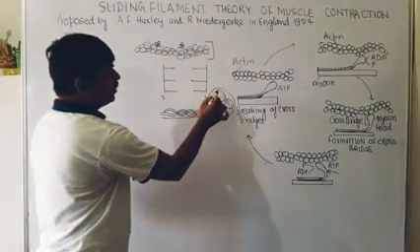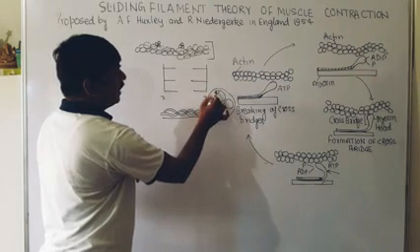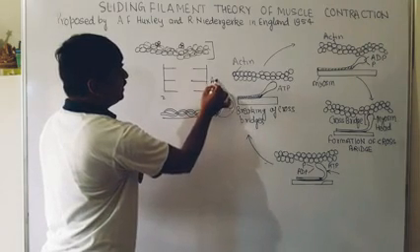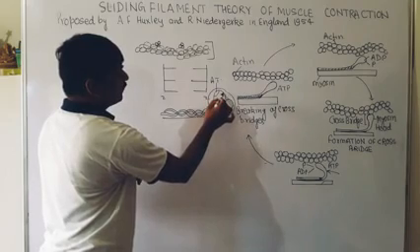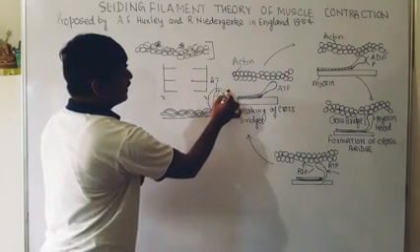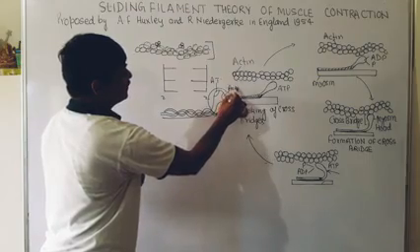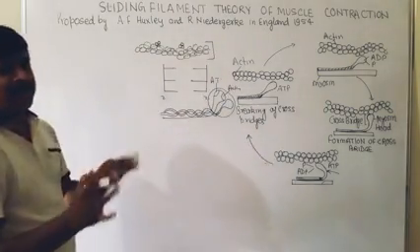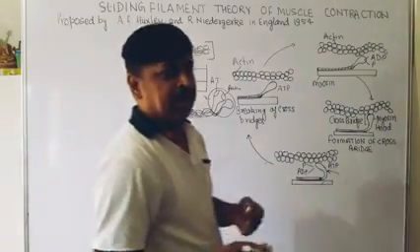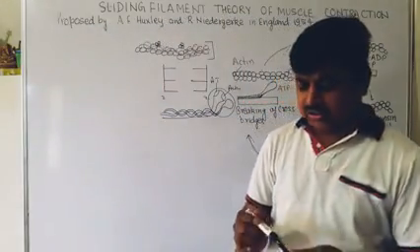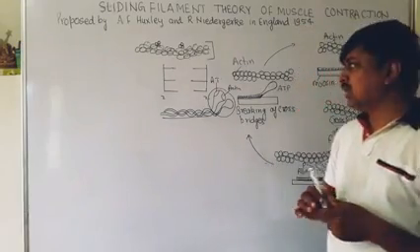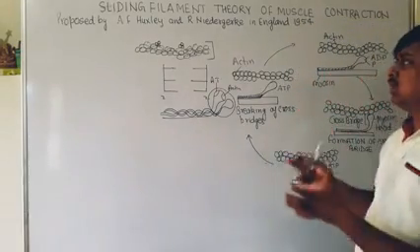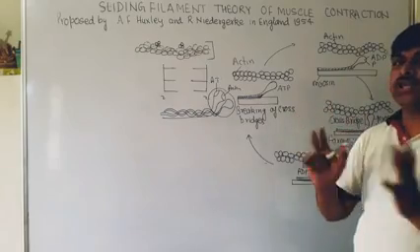The head has binding sites, that is the ATP binding site, and second is the actin binding site. This structure I have already explained to you in my previous video. Clear, students? So let me explain the sliding filament theory now.